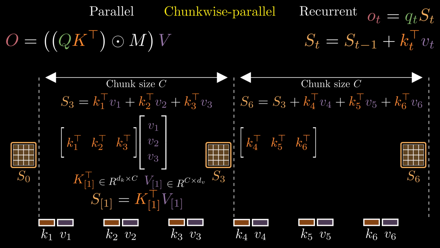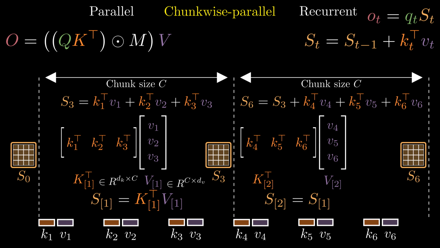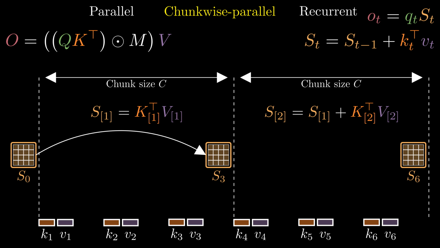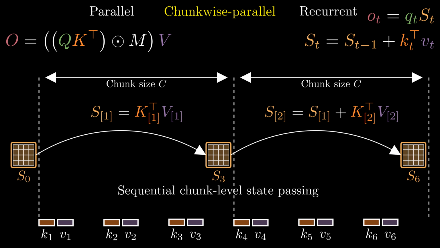Using a similar trick to express the sum of outer products as matrix multiplication, we can compactly express the state matrix S6 as the sum of S3 and the matrix multiplication of K2 transpose and V2. This gives us the following inter-chunk recurrence relation. The state passing is still sequential, but the chunk level formulation greatly reduced the recurrent steps.